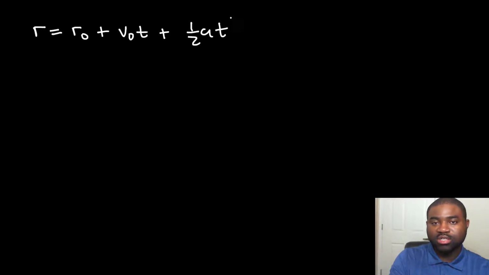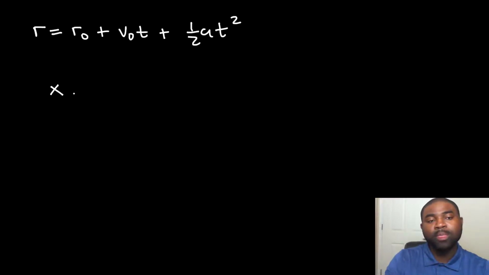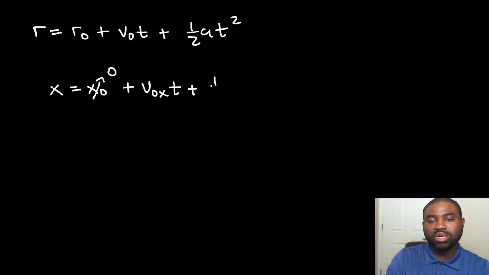Generally, we know that r is equal to r0 plus v0t plus 1/2 at squared. So this means that in the x direction, we have x equal to x0, which is equal to 0, plus v0xt plus 1/2 axt squared.